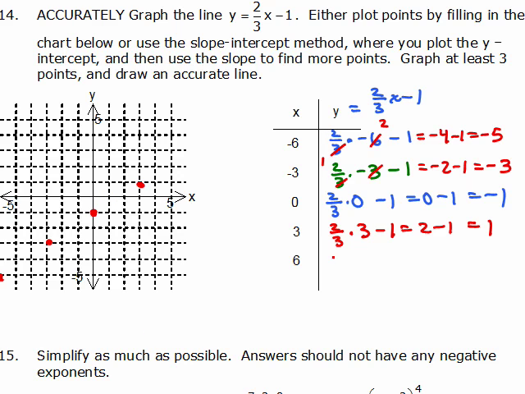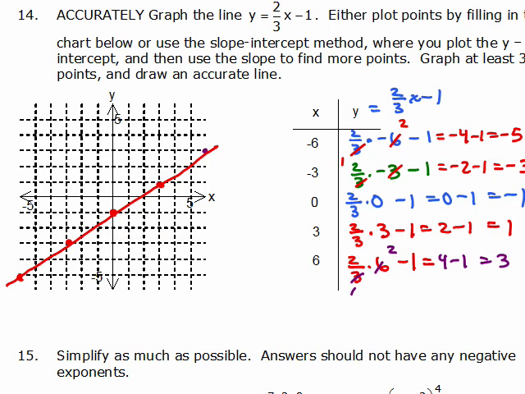There's another ordered pair, and you could do 2/3 times 6. That's 4 minus 1, which is 3. So that's the ordered pair (6, 3). And then you're going to be able to graph your line. There you go.